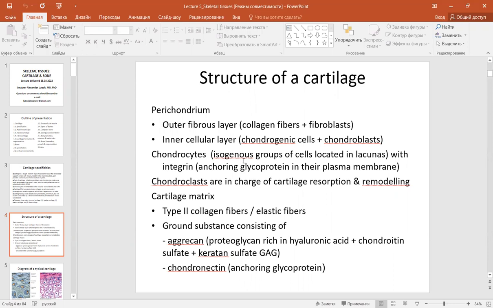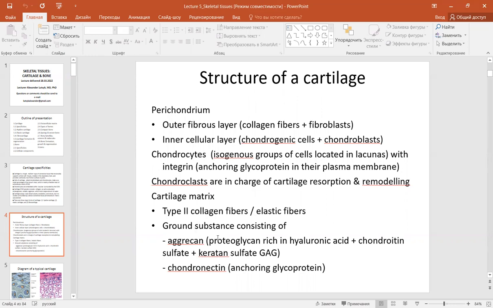Chondrocytes form isogenous groups of cells located in lacunae, with integrin-binding glycoprotein in their plasma membrane. Chondroclasts are in charge of cartilage resorption and remodeling. Cartilage matrix includes type 2 collagen fibers and elastic fibers, especially in elastic cartilage.